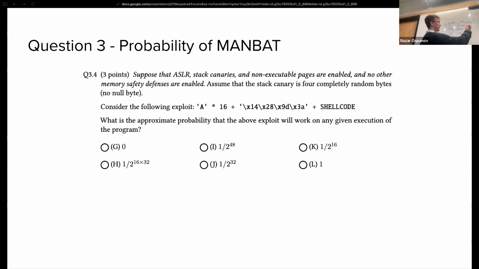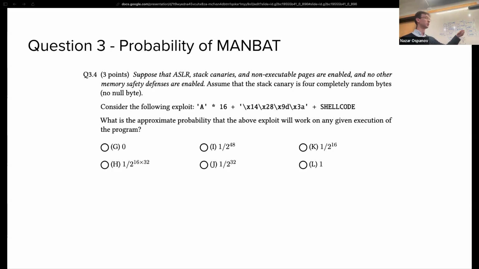What non-executable pages do is you have four segments of memory: stack, heap, code, and data. And they say data, heap, stack, you are going to be write-only and you cannot be executed.